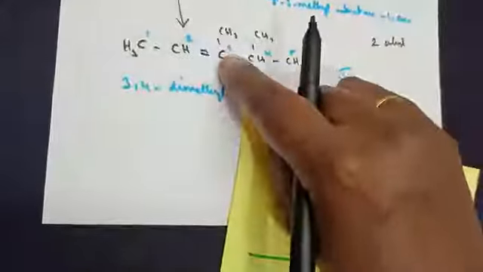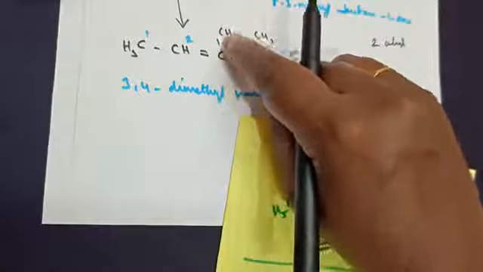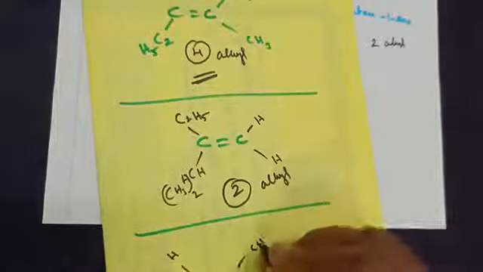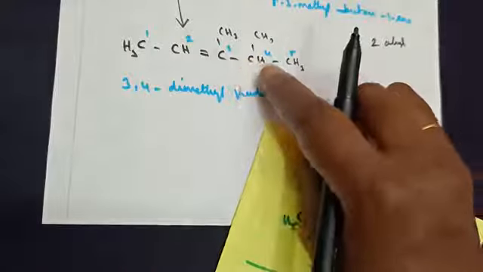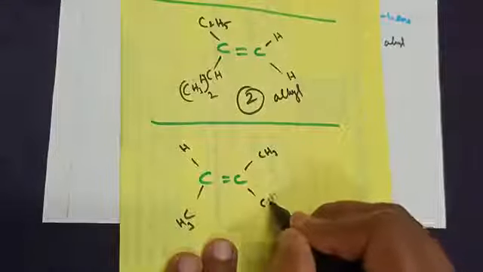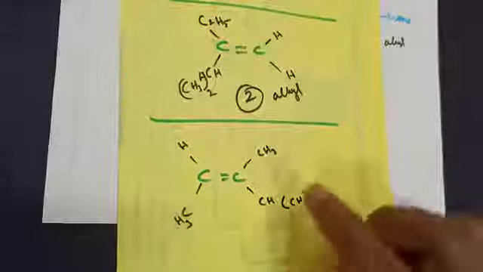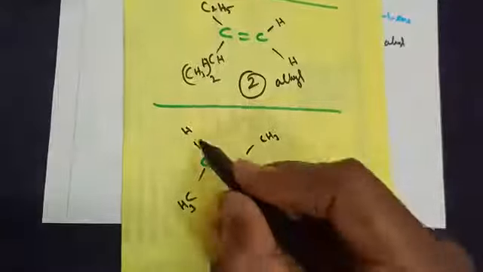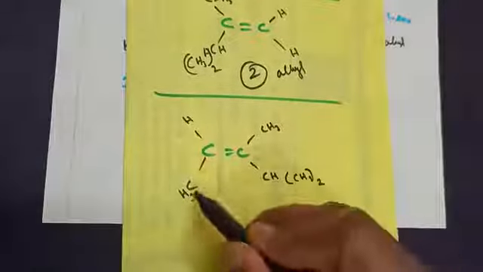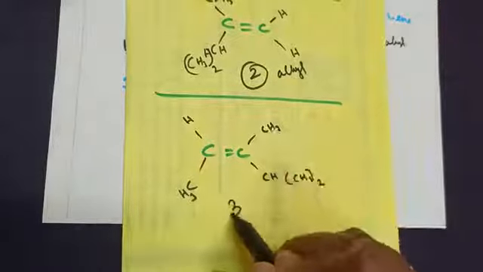This is how you will understand. Now on the other carbon, one side has a CH3 group and the other side has a CH3 too, twice, the same concept being repeated: CH and CH3 twice here. So if you look at it, how many alkyl groups are there? Hydrogen is not an alkyl group. 1, 2 and 3. 3 alkyl groups are there.